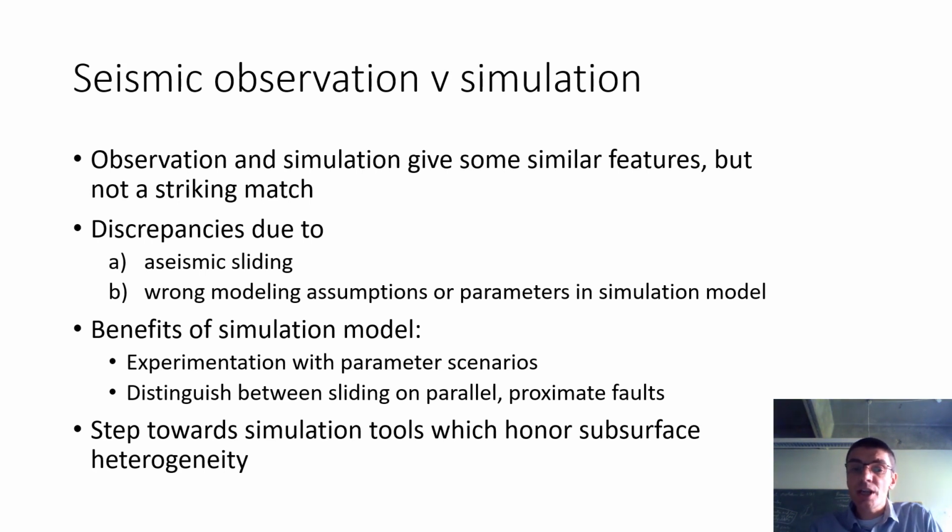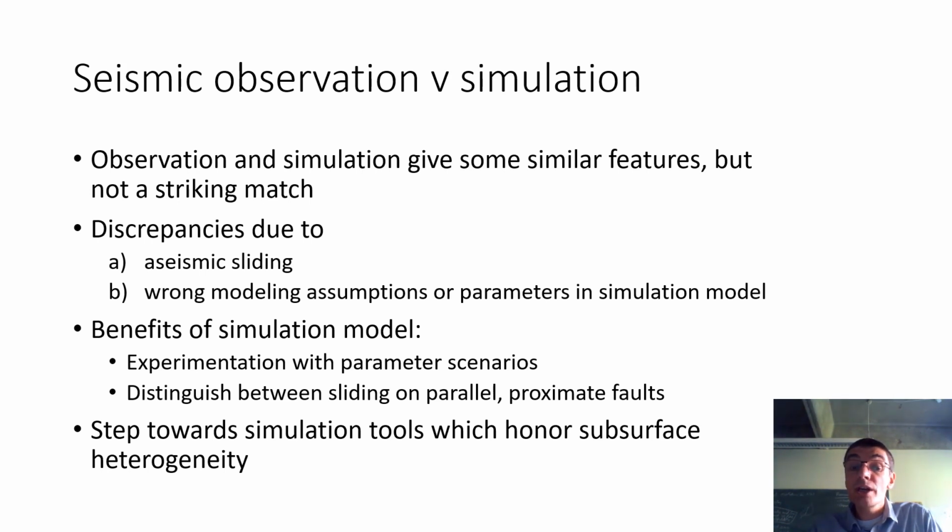These discrepancies can be attributed partly to possible aseismic sliding, but probably the main reason is wrong modeling assumptions and bad parameter values in the simulation model. This should be seen in the light of the relative scarcity of data that was available for populating the model. We have indicated the benefits of having such a simulation model.